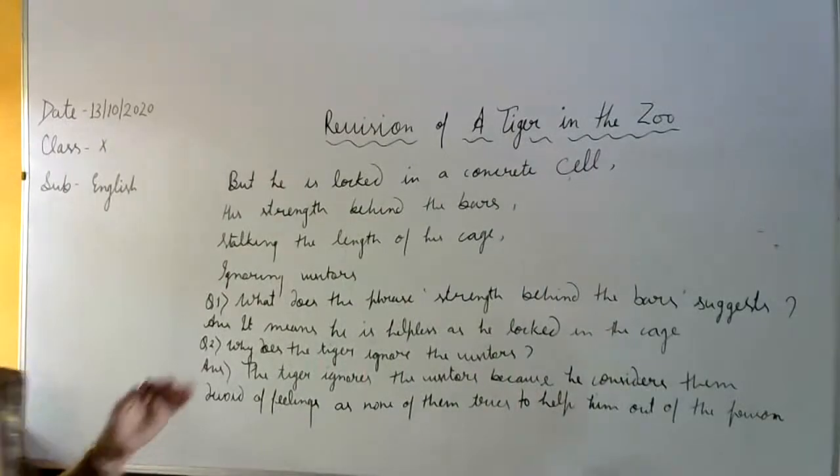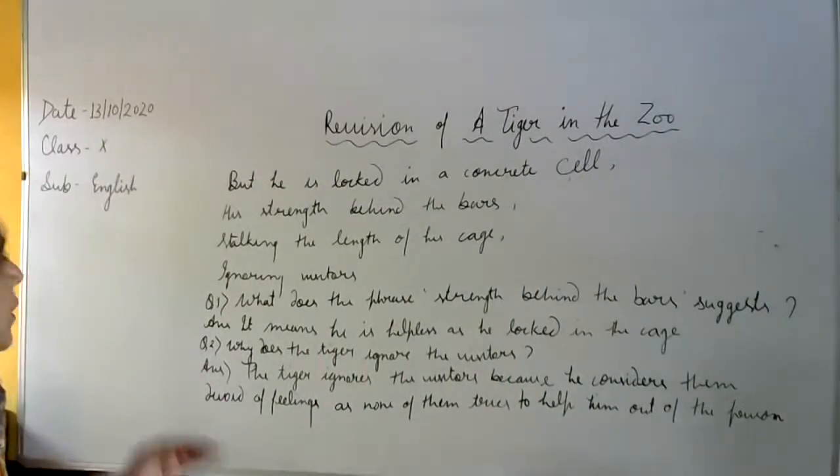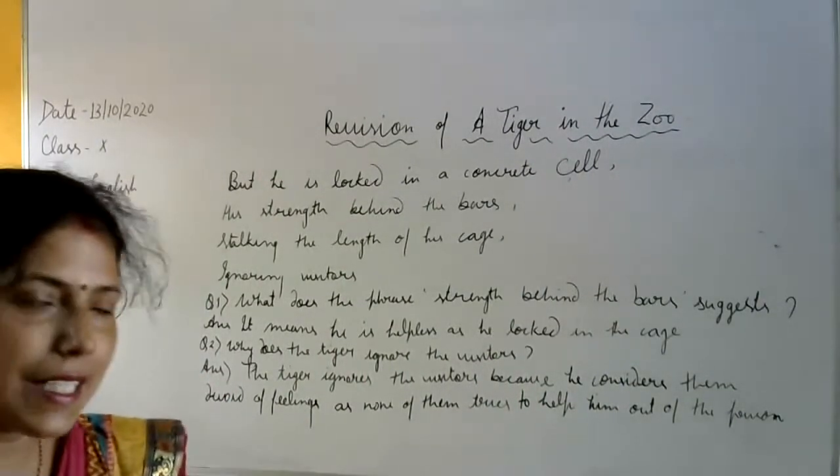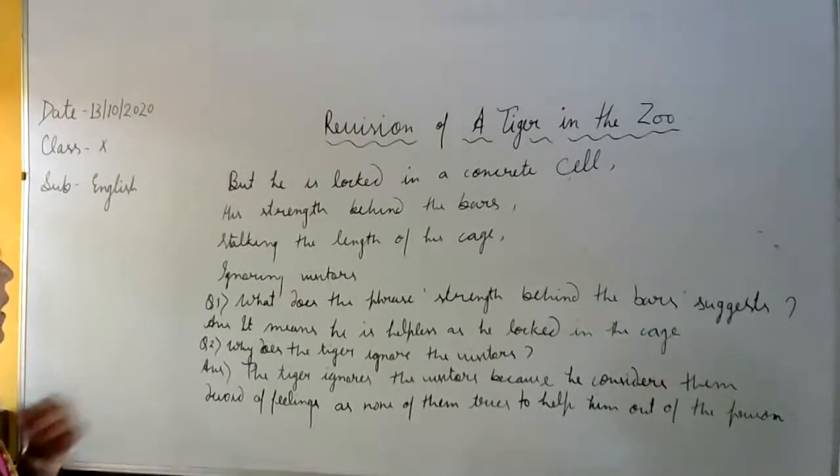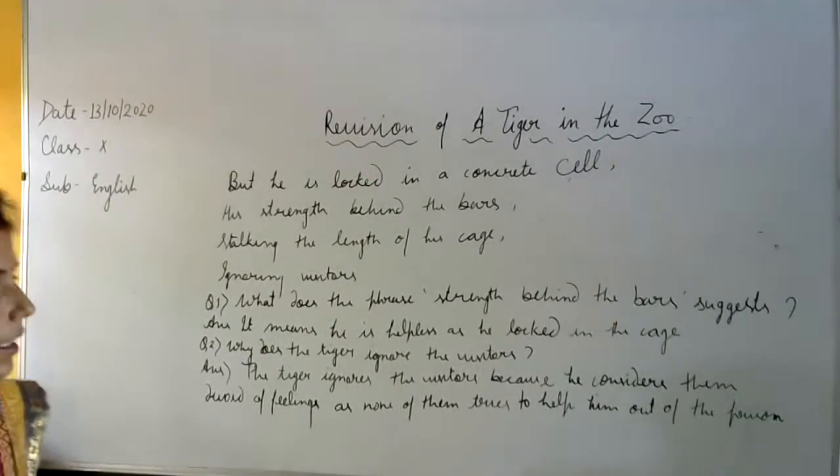Why does the tiger ignore the visitors? The tiger ignores the visitors because he considers them devoid of feelings as none of them tries to help him out of the cage, out of the prison.